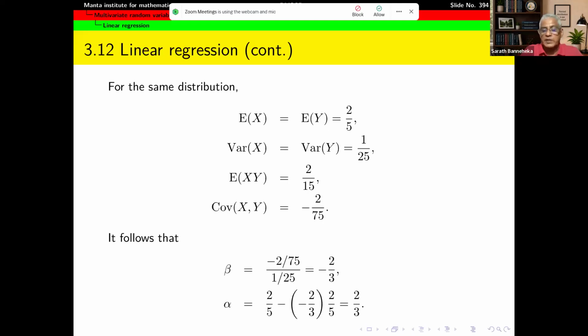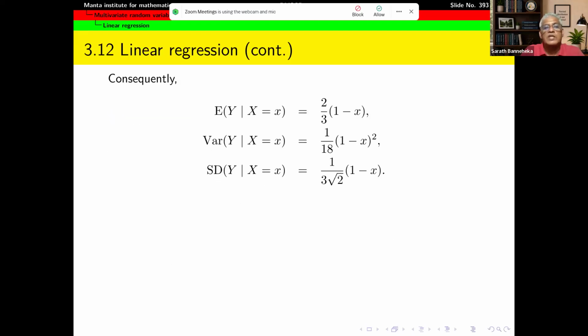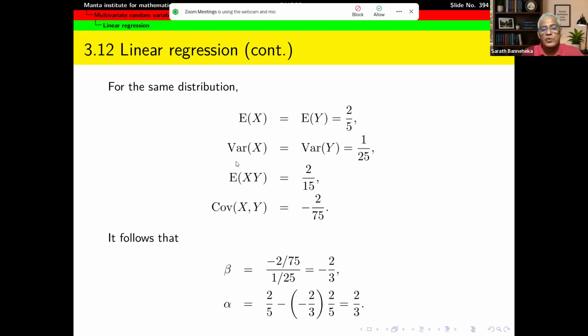So expected value of y given x, that is one thing that we are interested in, that is 2 over 3 times 1 minus x. So you can see that that's a linear function of x. And let's now look at the least squares regression line. That is, we have to calculate beta, covariance divided by the variance of x.